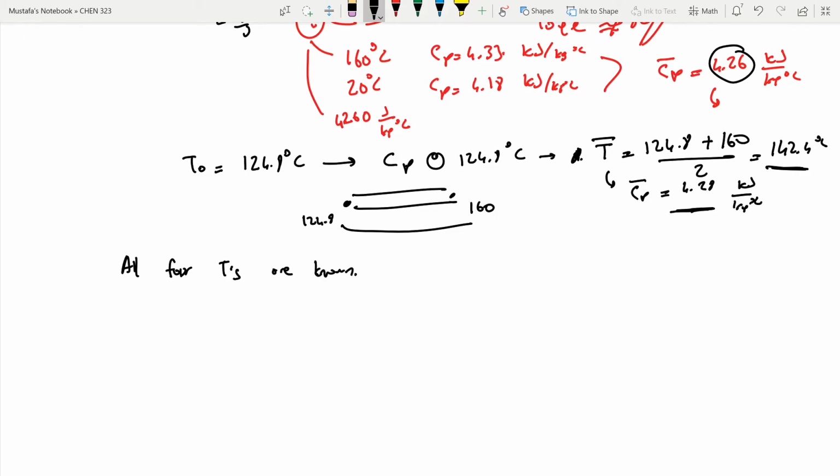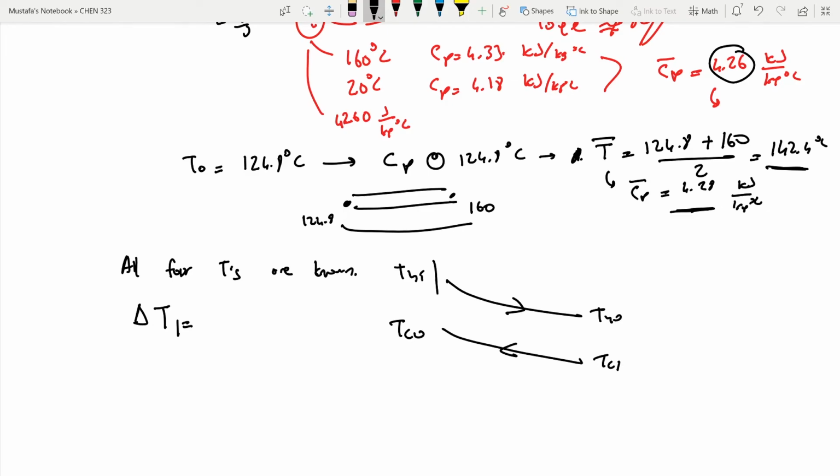So now let's calculate delta T1. Again, this is counterflow, with T hot in, T cold out, T hot out, T cold in. So this is the profile. Delta T1 is T hot in minus T cold out.